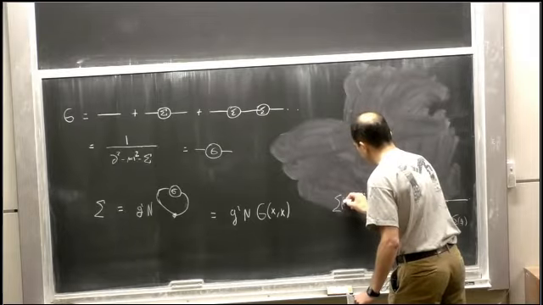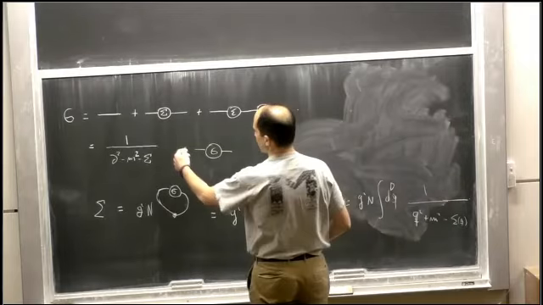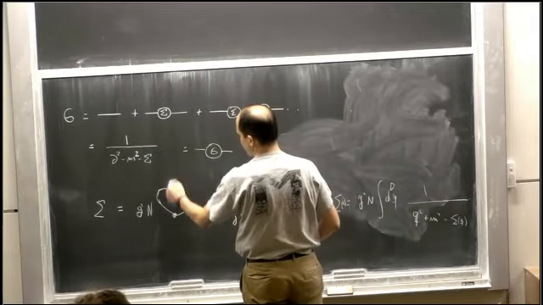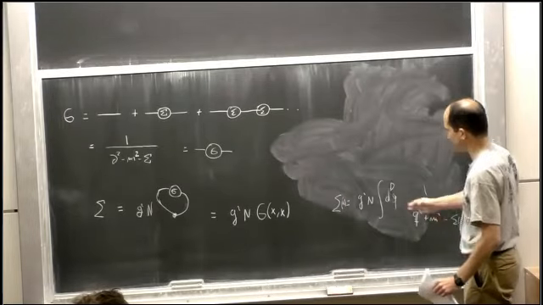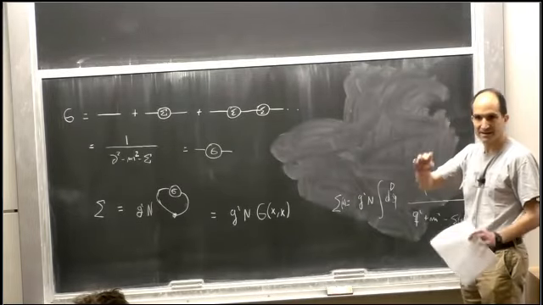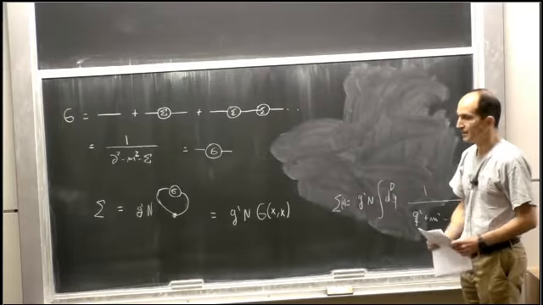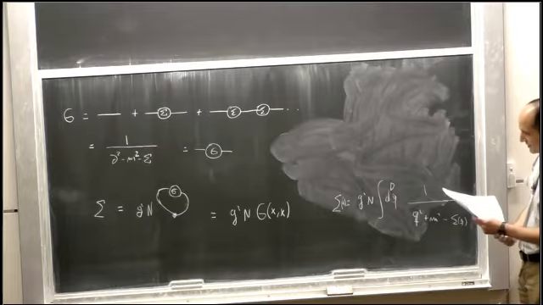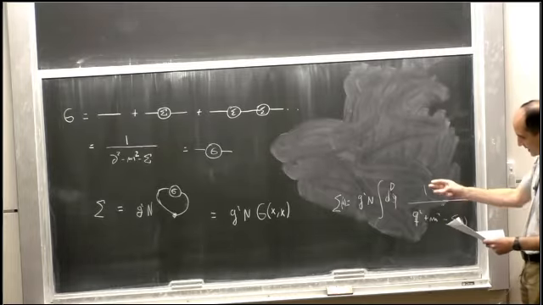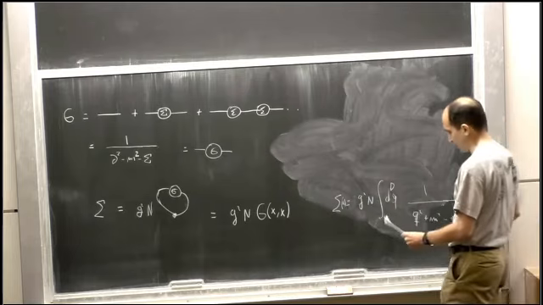So k is the momentum flowing through sigma, but the momentum here is just q, and k doesn't appear here, so sigma will be in all cases independent of k. So sigma is just a constant. So that's an additional simplification we have in this case, where we have this translation symmetry.